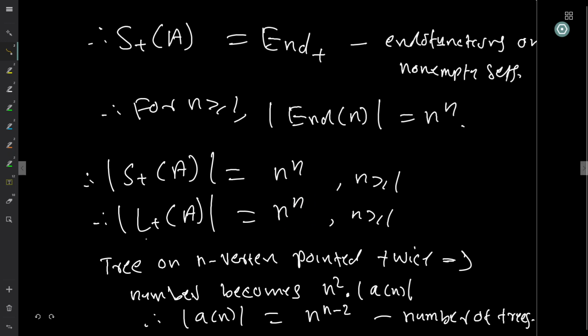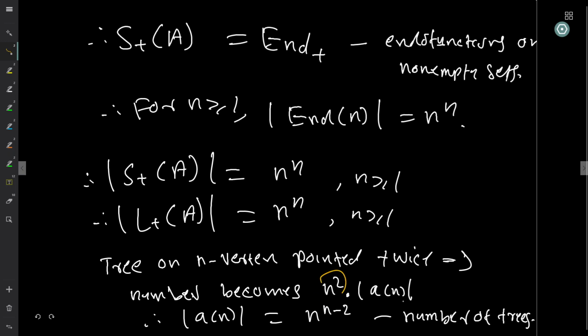But how did we get this L plus of A? It is basically the species of vertebrates. But the vertebrate is basically a doubly pointed tree, so a tree on n vertices pointed twice. If it is pointed twice, the number multiplies by n times n, that is, n squared.